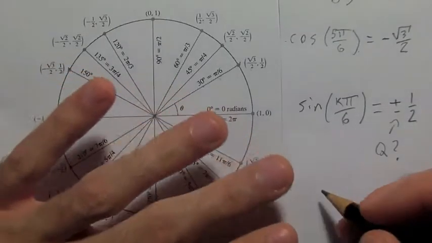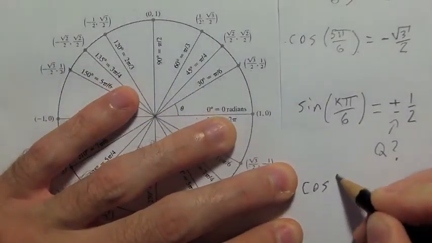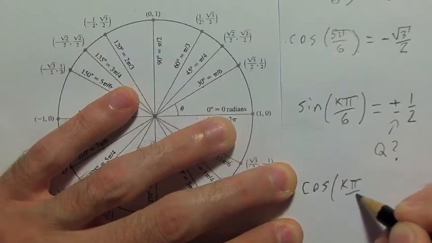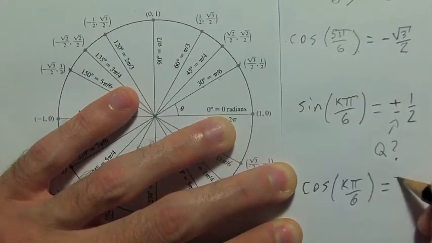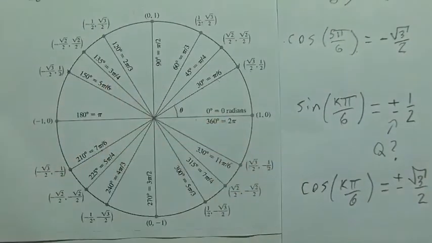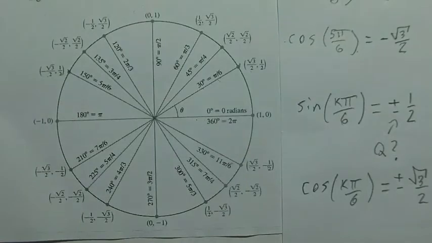And I know that cosine of k pi over 6 is going to be plus or minus the square root of 3 over 2. So it's really just a matter of which quadrant we're in.